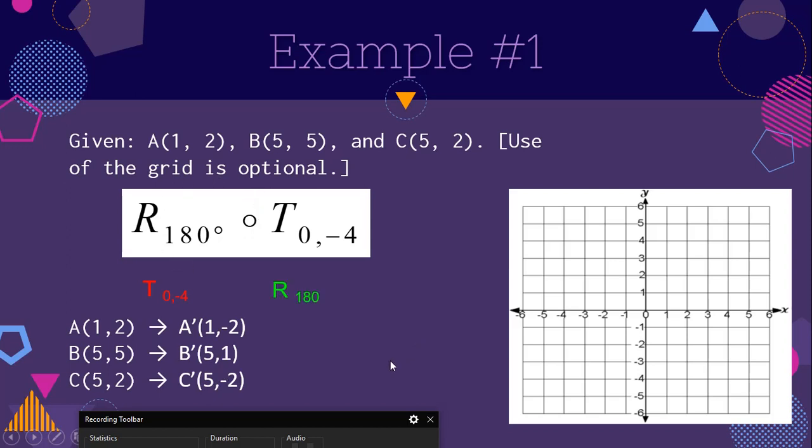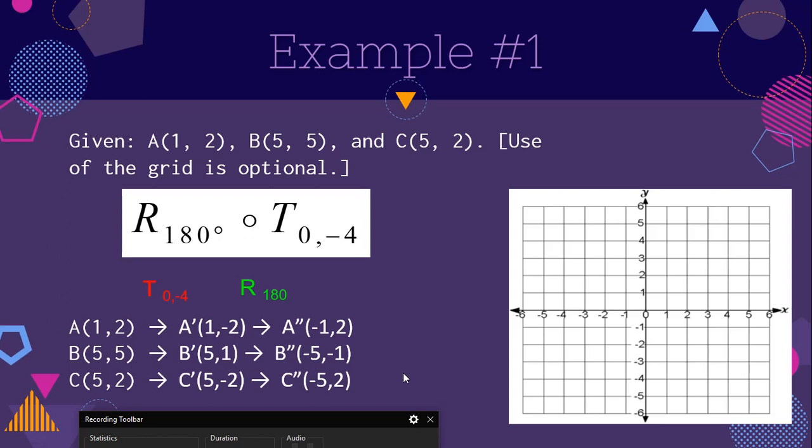So there's my rule. Rotation of 180 simply says to negate the x and negate the y. So for A double prime, we have -1 and now +2. And we'll use that same rule on B prime and C prime. And we've produced all the double primes.